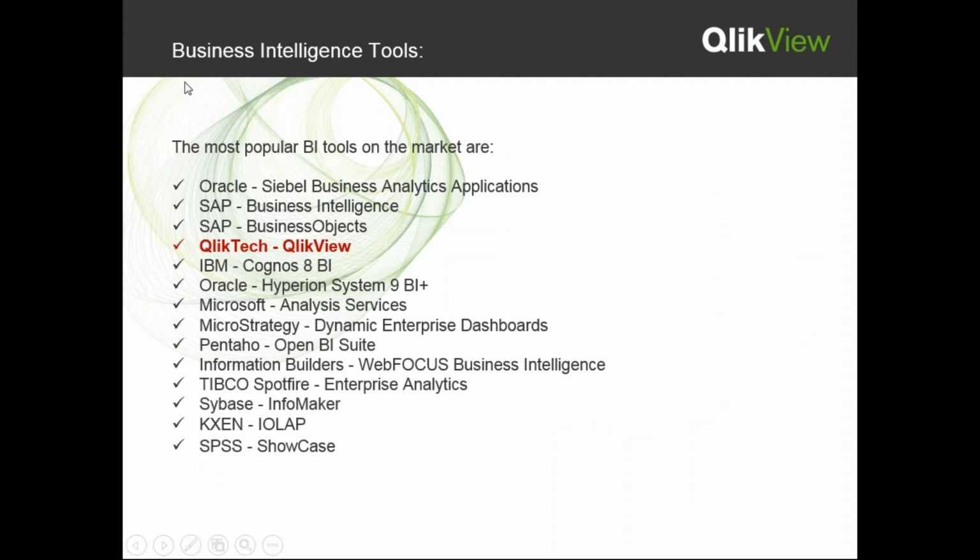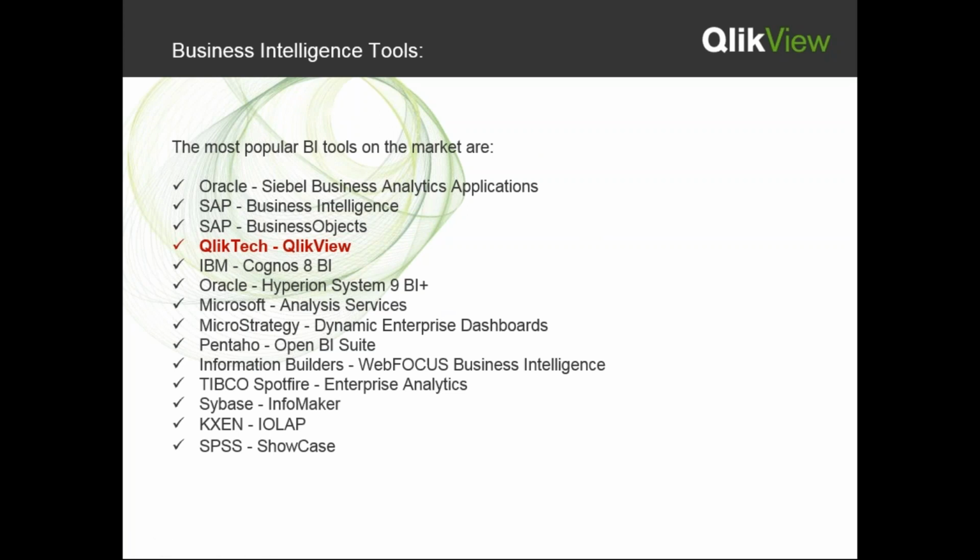Okay. So just to give you background, this is what happens when you use the QlikView tools, and this is the area where we have to work. Now, there are other BI tools available in the market like those listed here: IBM Cognos, MSBI, Pentaho, which is open source, and Tableau.